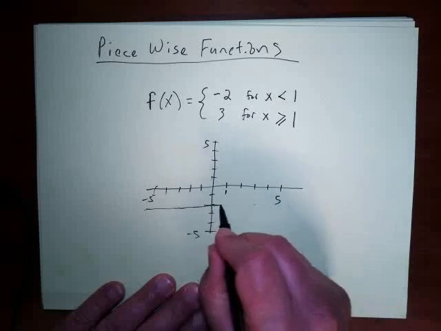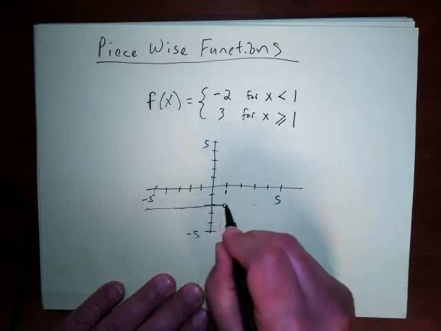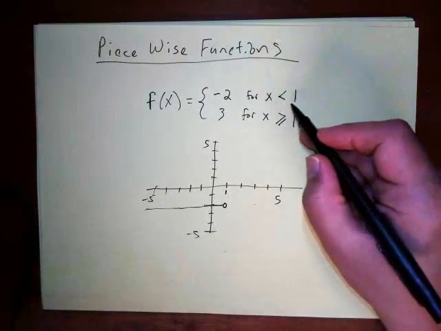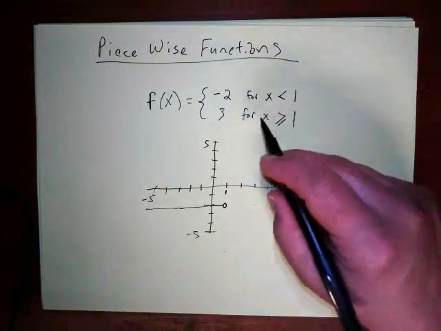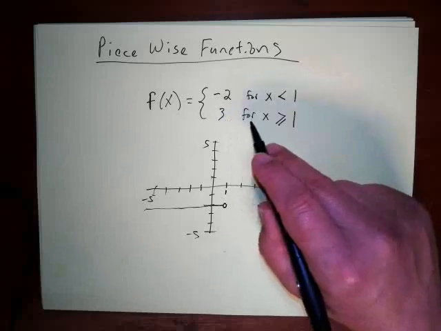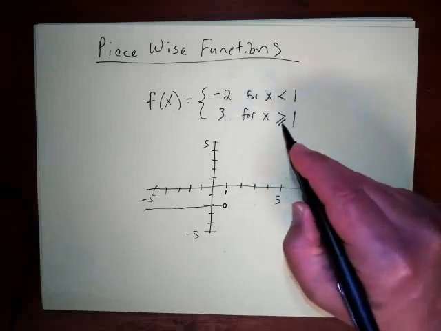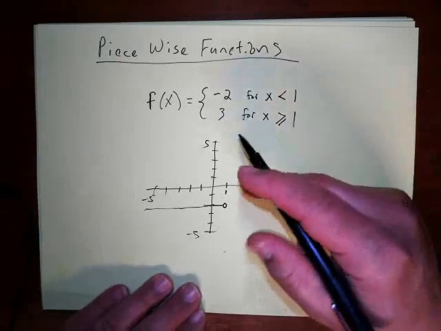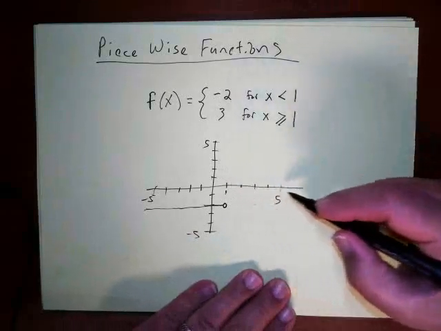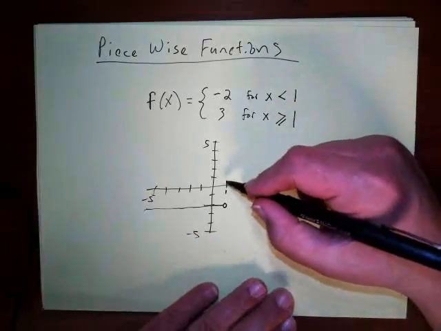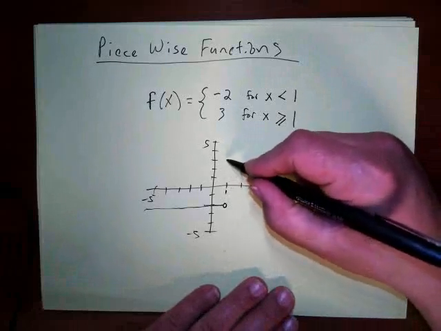And then what I'm going to do here is put an open circle, because at 1, it's not equal to -2. Okay? It's going to be equal to 3, because it's 3 for all x greater than or equal to 1. So from 1 on up, the graph of our function is going to be 3.